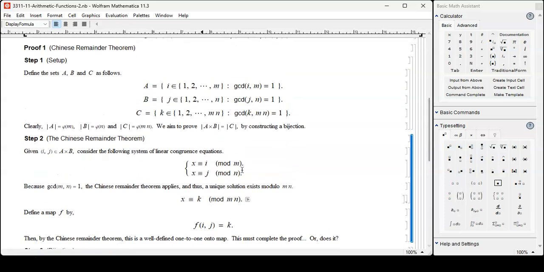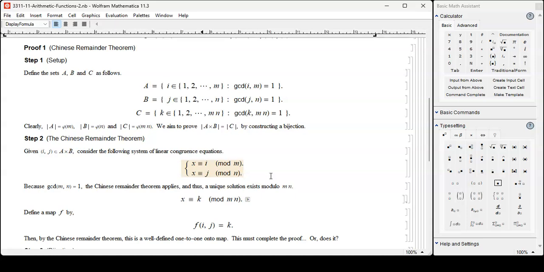Given i, j in A cross B, so i comes from A, j comes from B, we have i and j as arbitrary elements. And I'm going to use k for the solution. x is congruent to i mod m, and x is congruent to j mod n.